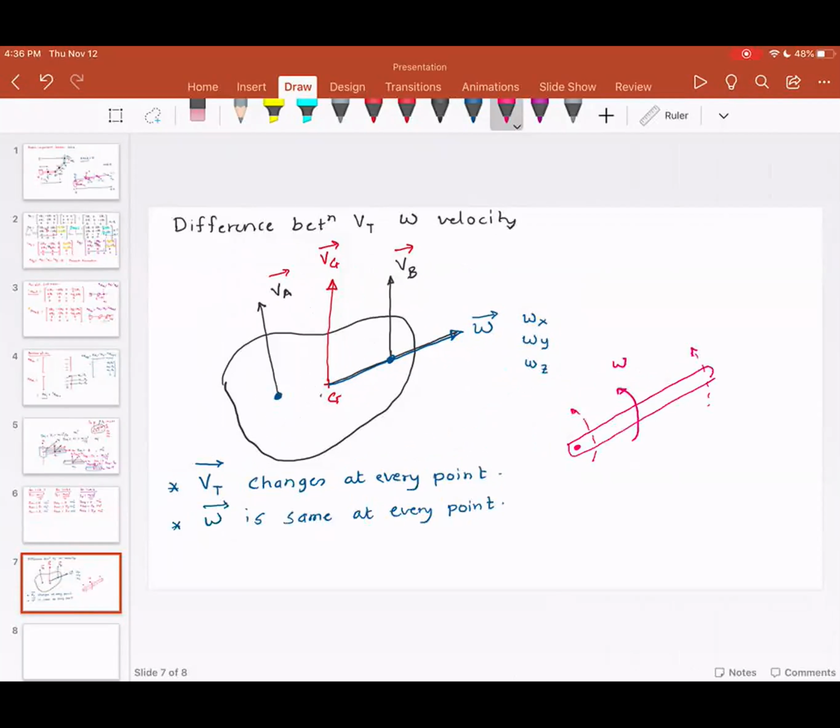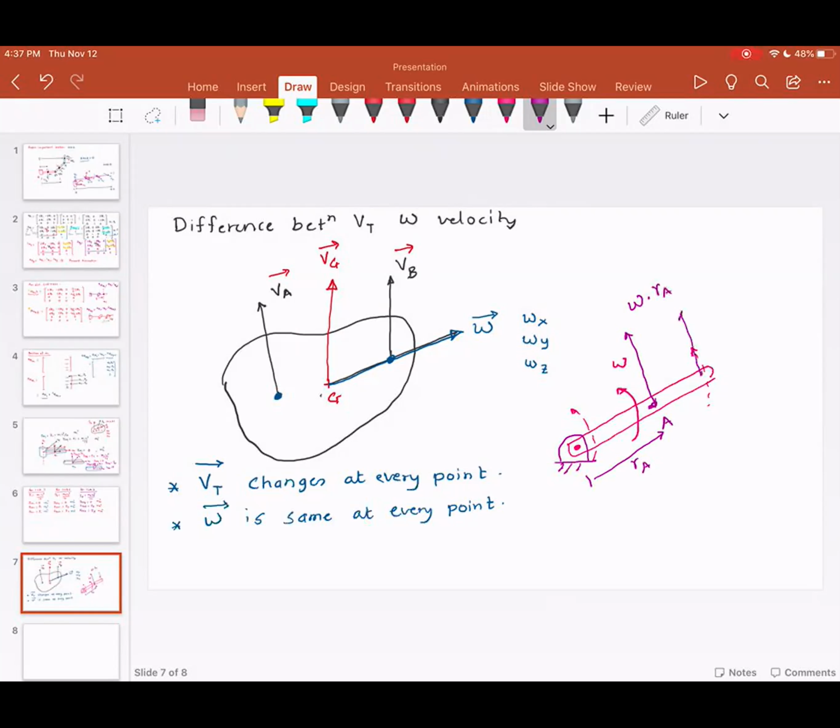However, if you consider this as a fixed point, say a hinge, the linear velocity at this location, which I'm going to call A, is going to be omega RA.